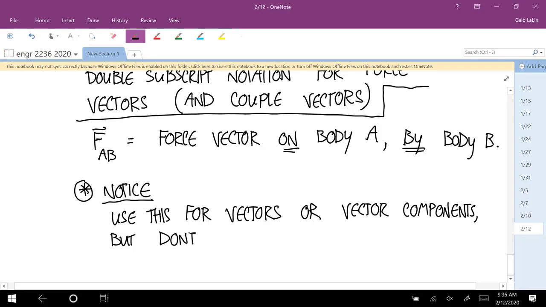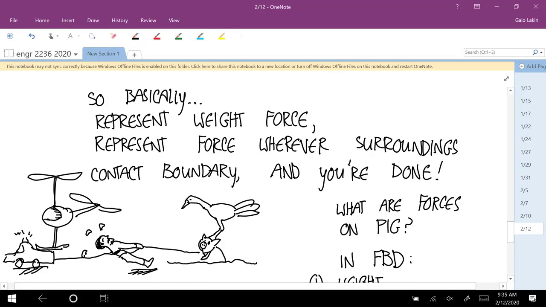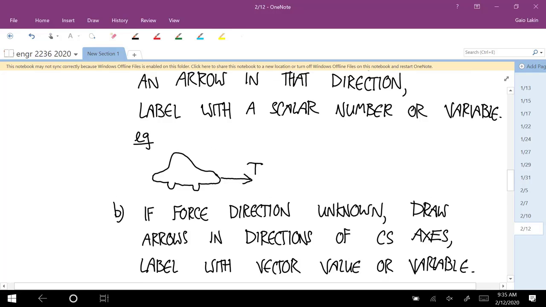But don't use this for forces with known directions. So what I mean is, in this example where we have a car with a force magnitude P applied in this direction, don't write this as the force on the car by the cable or something, okay?